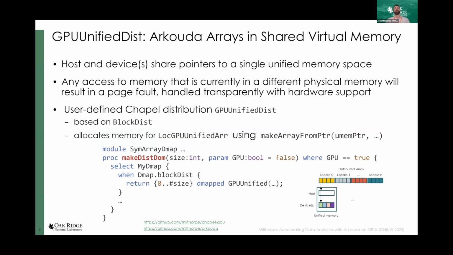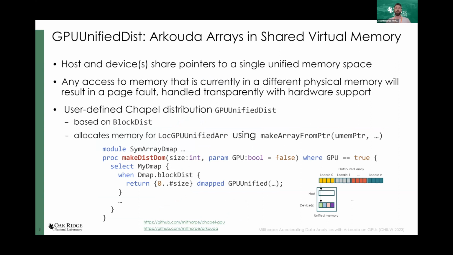Okay, so having looked at this slightly more efficient way of caching data on the GPU, we also wanted to consider the use of unified or shared virtual memory in Arkouda. So this is a common programming concept amongst all the different GPU vendor models. The idea of unified memory is that you have the host and the devices in your system sharing a single pointer to a unified memory space.